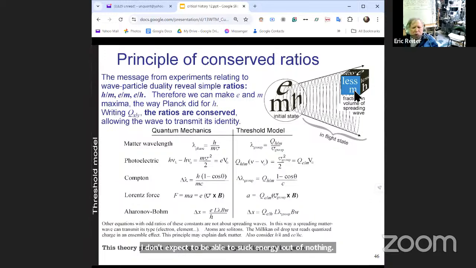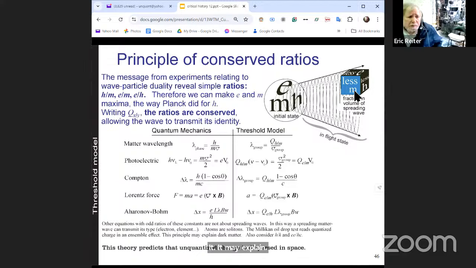It's still going to have to load up to thresholds to express itself the way we see in all of our experiments. There is such a thing as what I call a preloaded state smeared all over space. It may explain the dark matter, by the way, that there's something there.